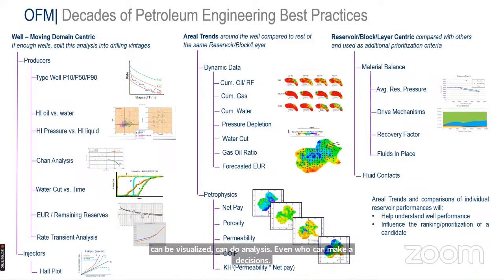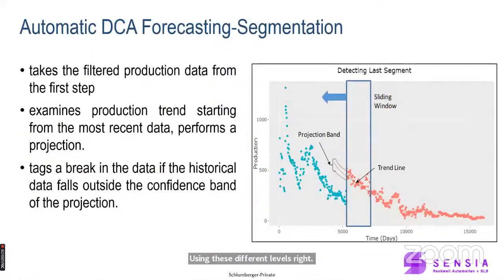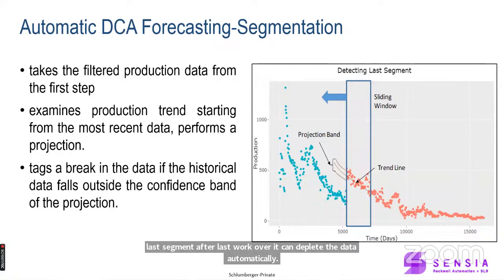right? Today we'll focus more on forecasting. And forecasting in OFM is now very powerful. It has automation, it has trend analysis, it can detect the last segment after the last workover, and it can clean the data automatically. We will use this to calculate the gain of oil after the workover.